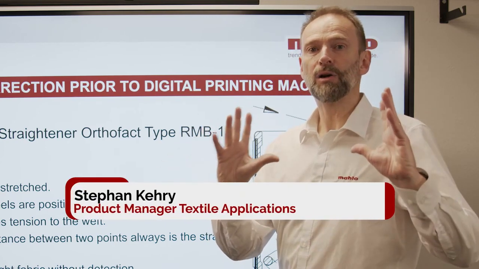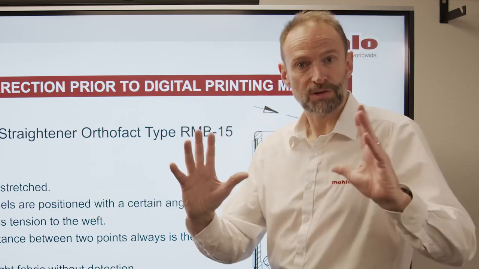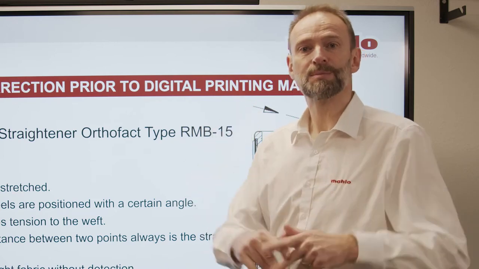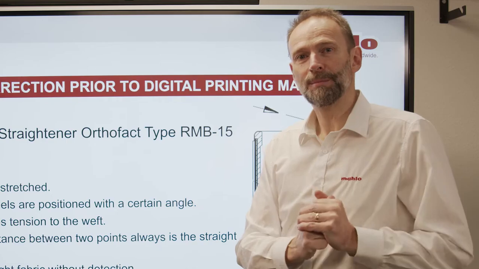That means they are looking for the shortest distance to each other automatically because of the stretch, and the shortest distance between two lines is always a straight line. And here we are. This is what we need. We need straight fabric. And this is what those pins are doing very, very successfully, even without any detection.